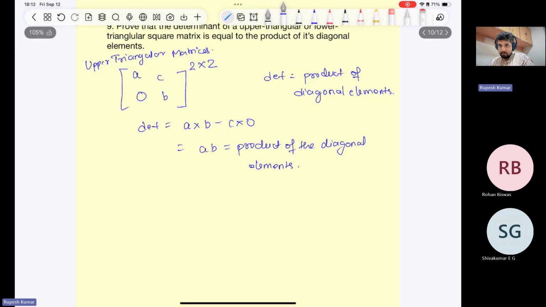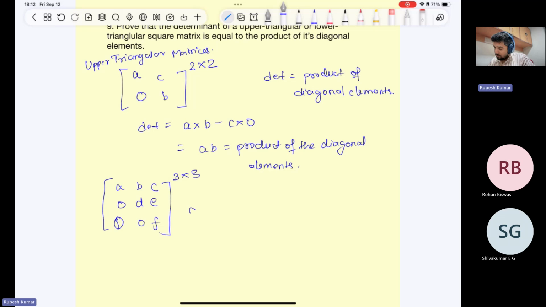Now, how can we proceed? Let's start with the 3 by 3 case, and then we will see a pattern, and from there we can prove it. Let's say we have a 3 by 3 matrix, then A, B, C, 0, D, E, 0, 0, F, right? Now again we want to find the determinant of this upper triangular matrix. Determinant is equal to A into the determinant of the minor matrix of A, right?